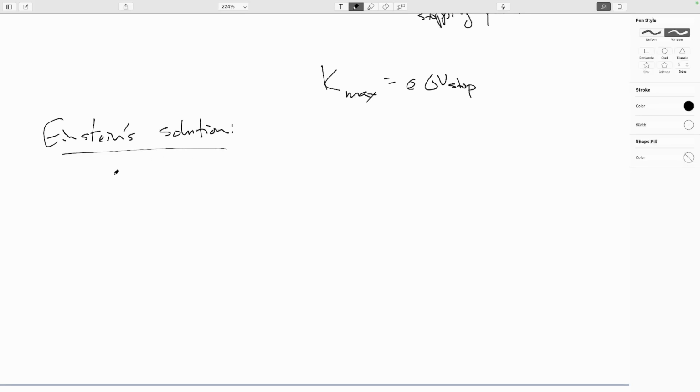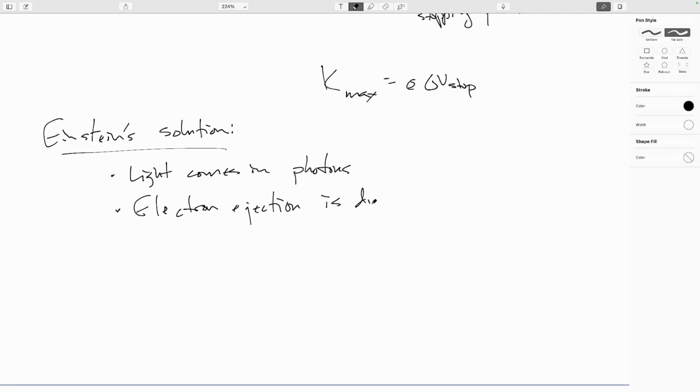He says light comes in photons, and that the electron ejection is due to the impact by a single photon.